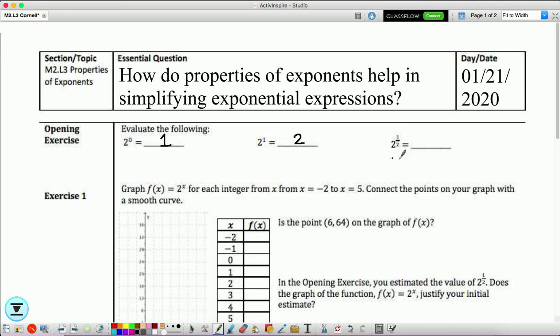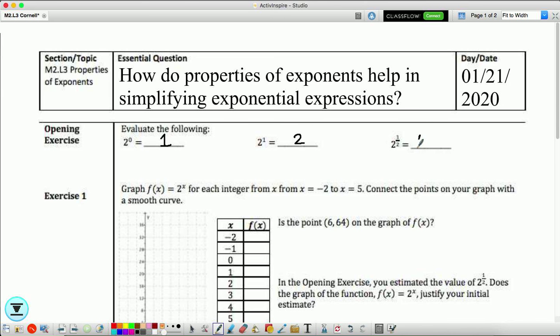And then if I think about 2 to the 1/2, I know that 1/2 is somewhere between 0 and 1. So we can take an estimate as to what we think that might be. Since the exponent is between 0 and 1, maybe the actual value of this expression is somewhere between 1 and 2.